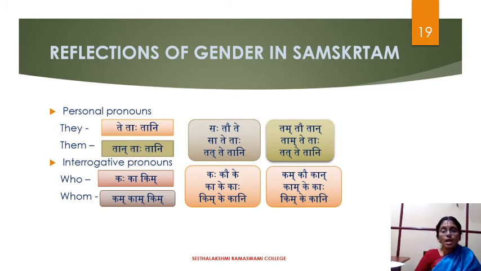So, kaha, kau, ke, ka, ke, kaha, kim, ke, kani for "who": masculine, singular, dual and plural; feminine, singular, dual and plural; neuter, singular, dual and plural. Similarly, for "whom" I have given here kam, kau, kan, kam, ke, kaha, kim, ke, kani: masculine, singular, dual, plural; feminine, singular, dual, plural; and neuter, singular, dual, plural.